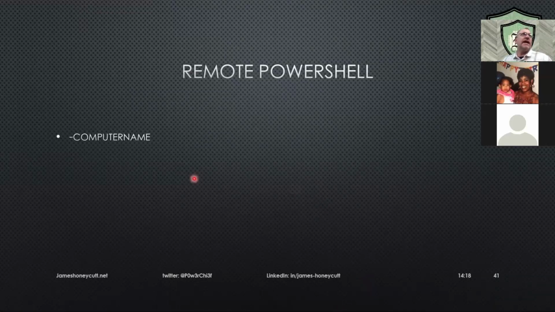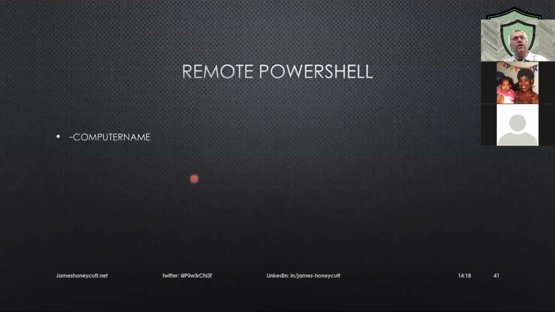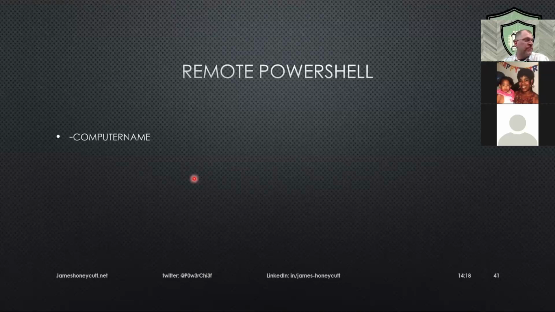So back in the day, before there was actually WinRM in PowerShell remoting, so before version 3, each commandlet would handle its own remoting procedures. And this is where the dash ComputerName came from. So if you're ever on a Windows machine and you have a commandlet that has a dash ComputerName, it's probably PowerShell version 5 or earlier.